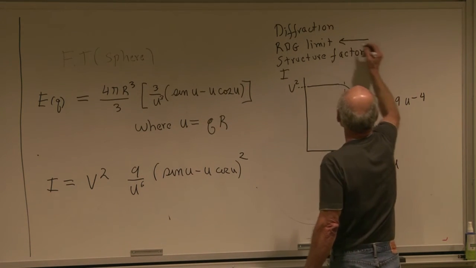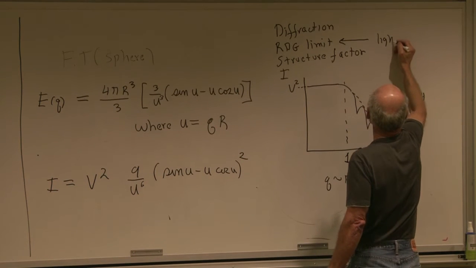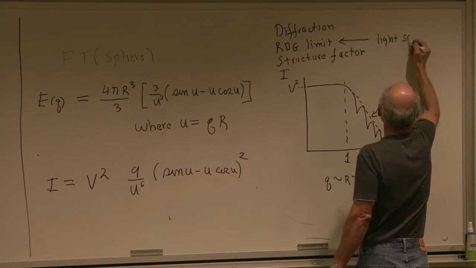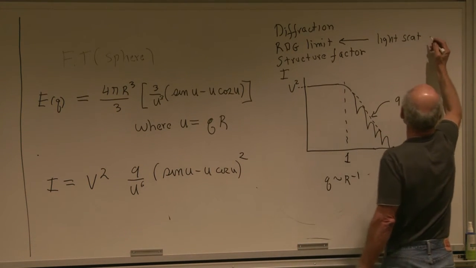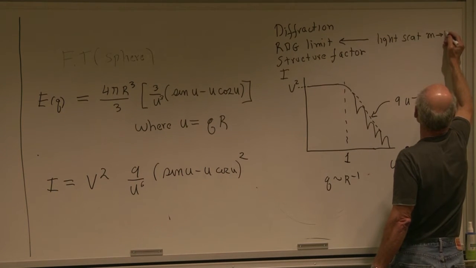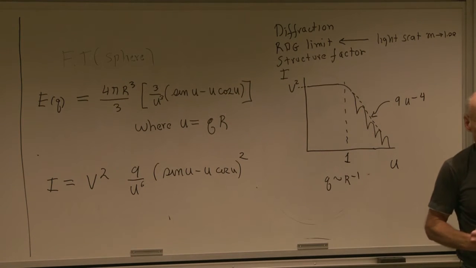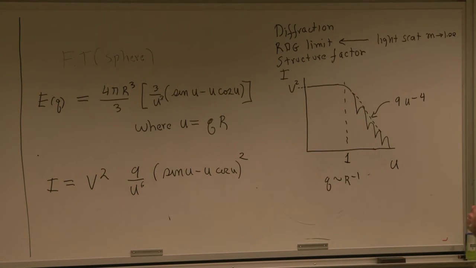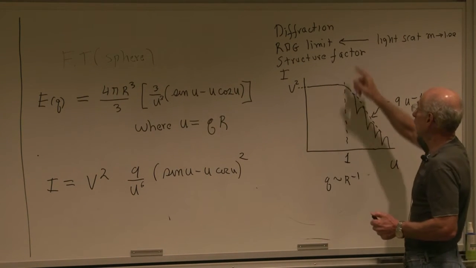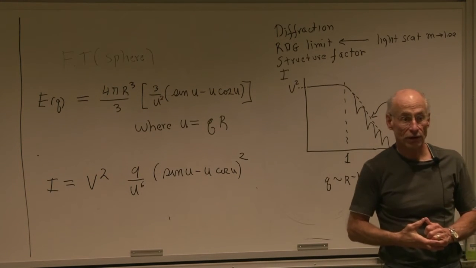This is the light scattering community for the most part, because the light scatterers like to say this is what happens when the index of refraction approaches 1. The X-ray people like to call this the structure factor.